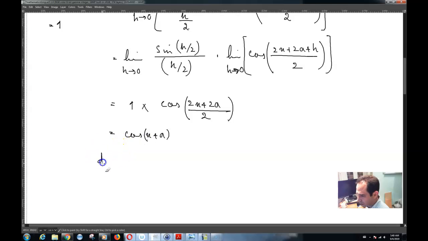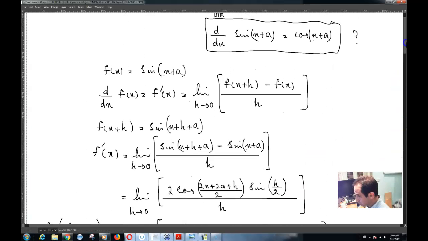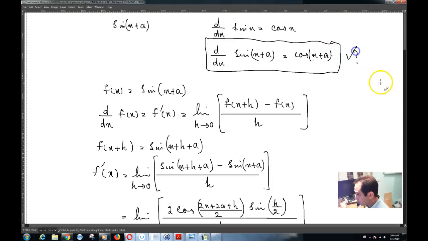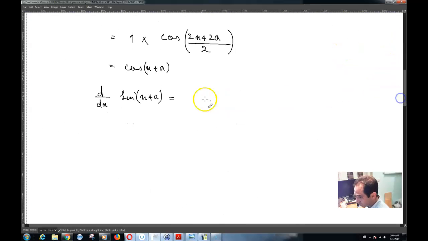So that means that d by dx of sine of x plus a is equal to cos of x plus a.